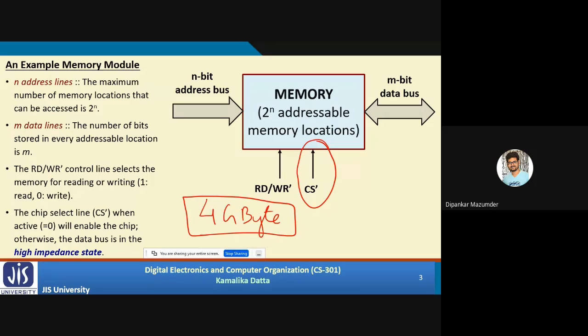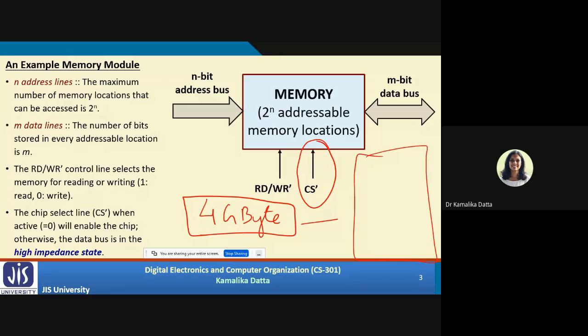No, ma'am. The entire module is not 4 GB. It's divided into several modules, right? Yes, ma'am.